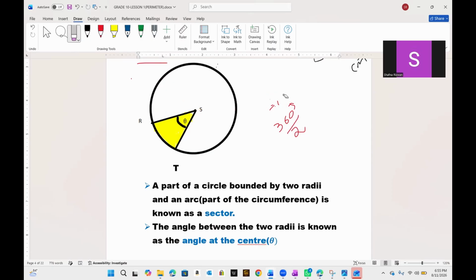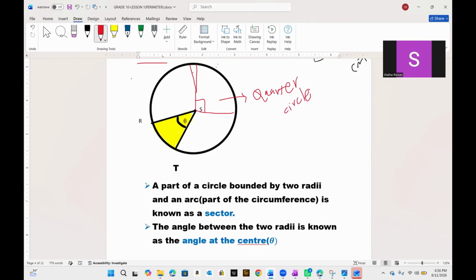Now let's go to the other type of sector, which is called a quarter circle. If you take this circle and from the center you have 90 degrees, a right angle shape, then you call it a quarter circle.